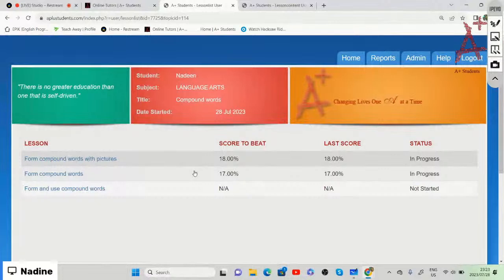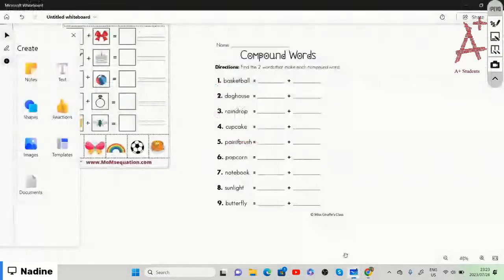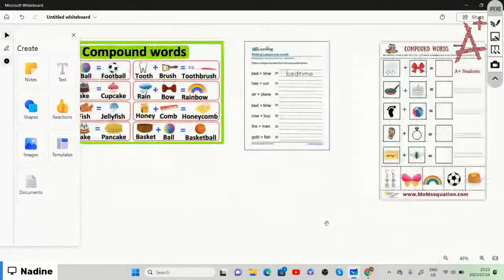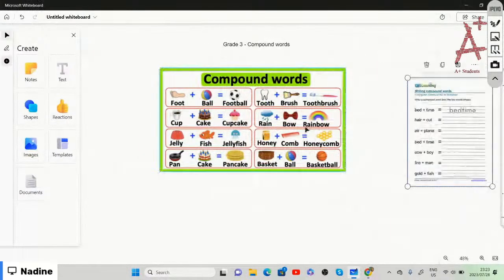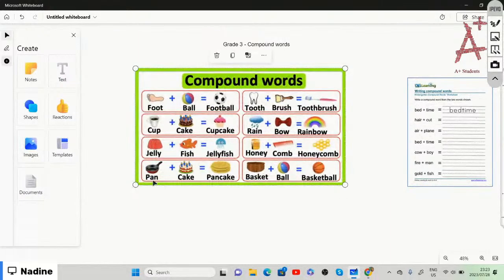All right, before we go on to form and use compound words, we are going to do a little activity. So we're going to the whiteboard. If we look at a few examples of compound words, these are but a few examples.